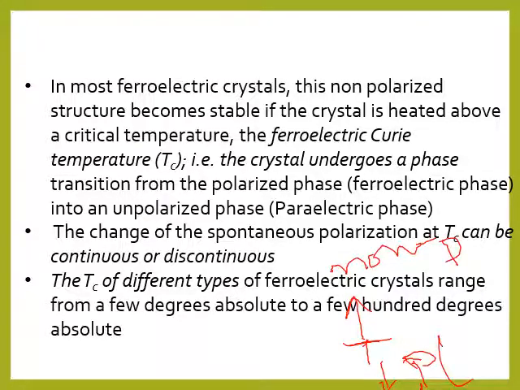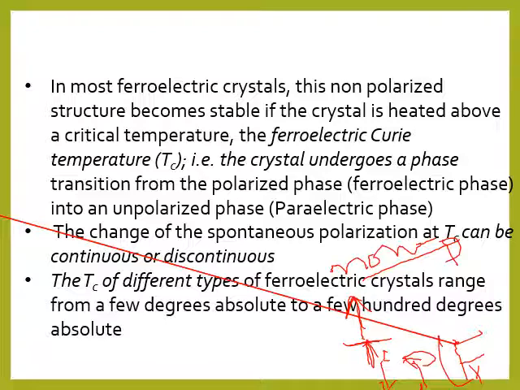The material below this Curie temperature Tc is polarized. This phase is called the ferroelectric phase. Above this Curie temperature, the material is non-polarized, meaning it is no longer ferroelectric. So ferroelectricity exists below this Curie temperature.